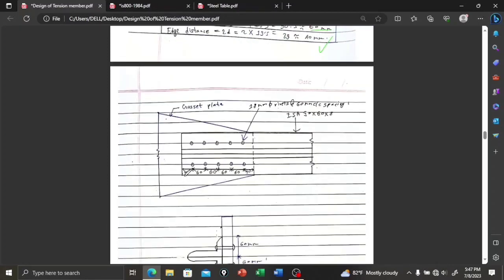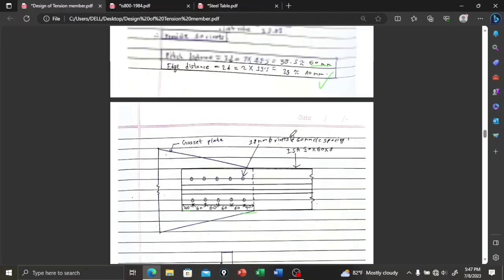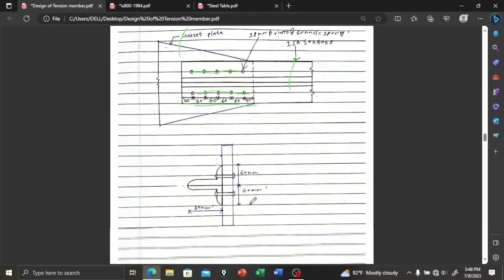So 40 is the S distance, and this pitch is 60, and this is a gusset plate. This is ISA 9068, and the rivet is 10. So here 1 2 3 4 5, and here 1 2 3 4 5, 10. In another view, this length of both section is 90, and this shorter side length is 60.